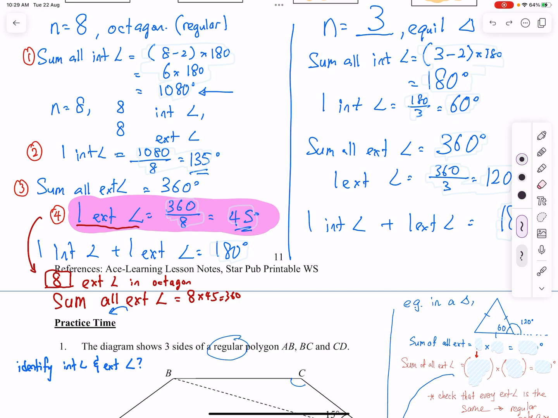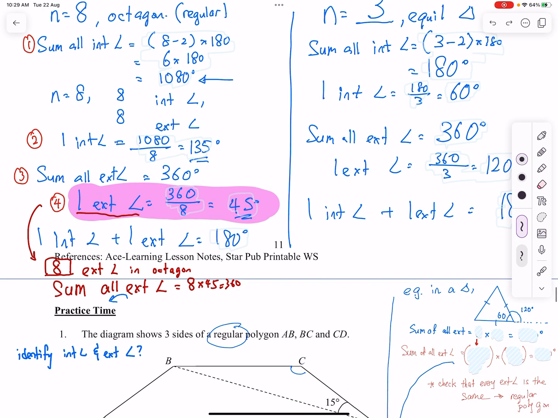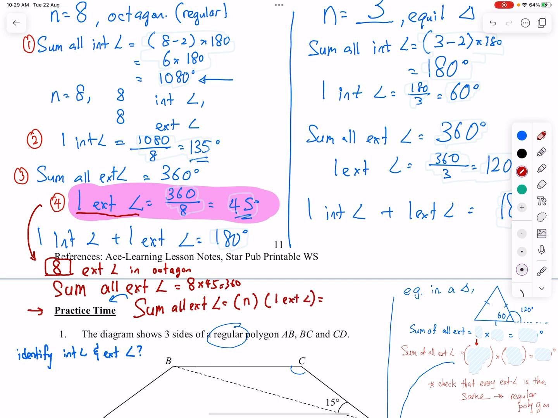What I want you to understand is that the sum of all exterior angles, so you may want to write this down in your notes on this particular page, is actually equal to the number of sides times one exterior angle, which is equal to 360. But this is only true for a regular polygon.